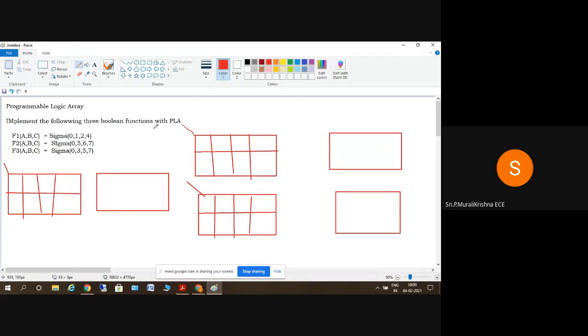Right. So this F of ABC, this is A and this is BC. This is 0, 0, 0, 1, 1, 1, 1, 0, and this is 0, 1. First of all, we have to find F1. F1 of ABC is 0, 1, 2, 4.